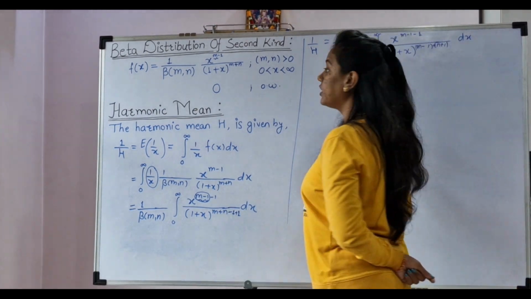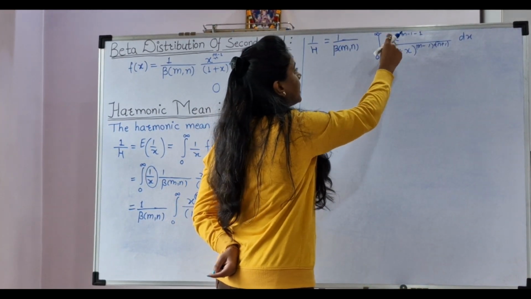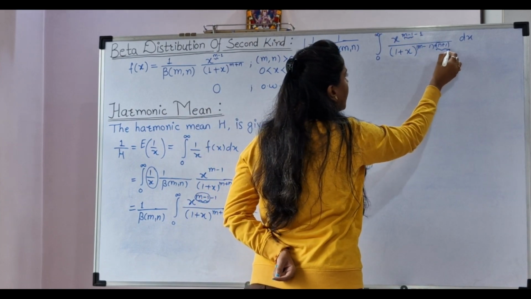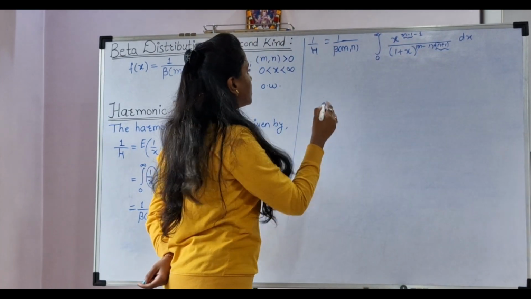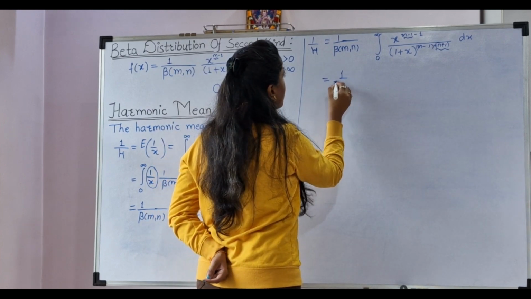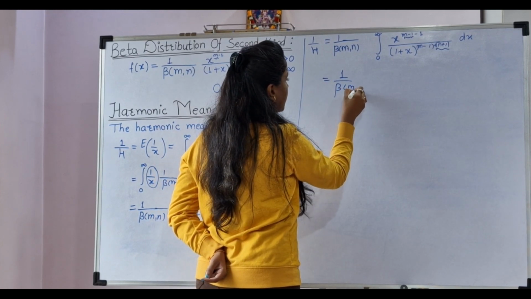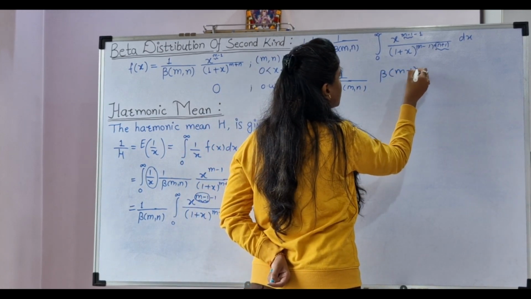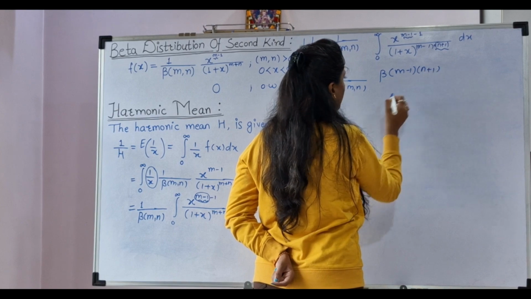Okay. So now we are getting here a beta integral with parameters m minus 1 and n plus 1. That's why we can write here 1 upon beta(m,n) as it is, and it will be beta(m minus 1, n plus 1), right?